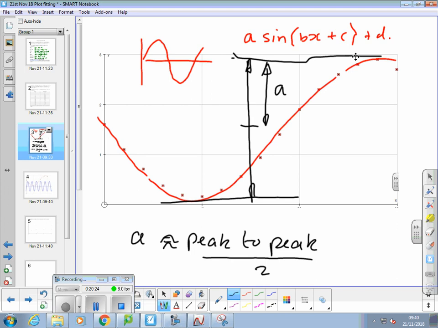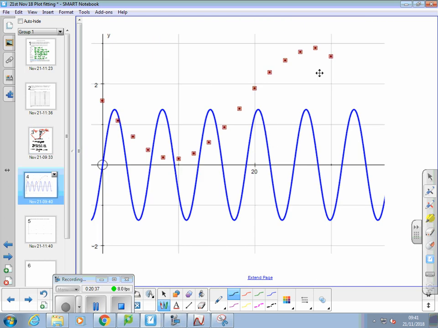In this case, you're talking about D, aren't you? D is the shift up the y-axis. So let's put that on there.